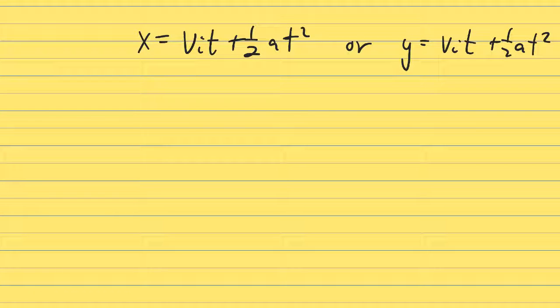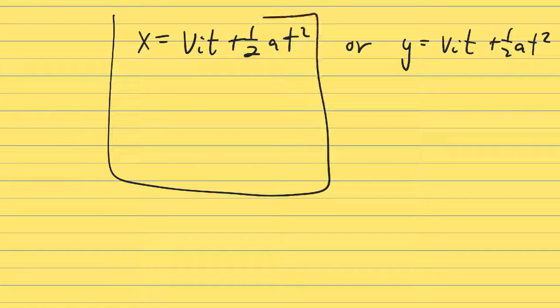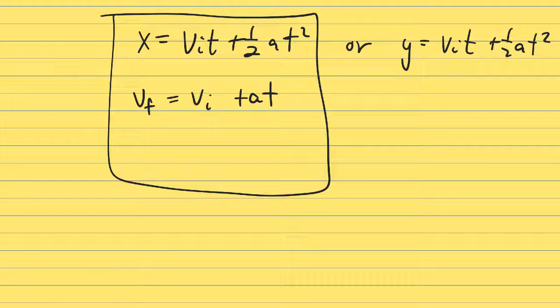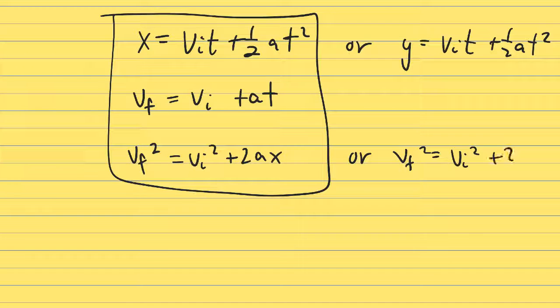You're only going to be given this formula on the formula sheet, what's boxed in, but you have to recognize that if it's vertical motion, you change x to y. The second formula doesn't matter whether it's x or y. It's the same formula. There is no displacement in this formula. The third formula, though, it does. So that's how it's given, or you can write it with a y value.